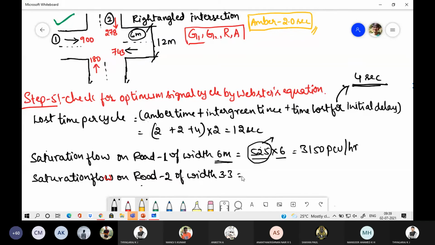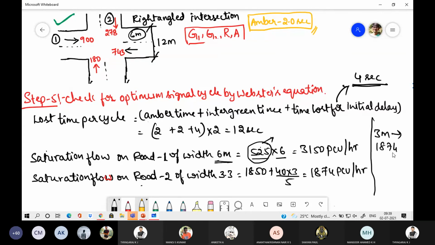For 3 meter width, it is 1850 we have to consider, plus 0.3 into 40. This is also constant. So we get 1874 PCU per hour. So for 3 meter width, we have to assume the saturation flow as 1874 PCU.